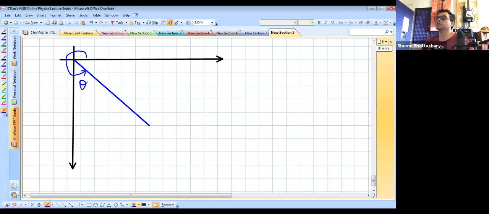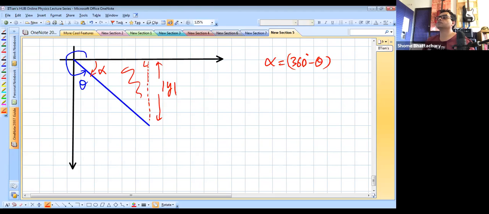But more importantly, we identified that this angle here was alpha, where alpha is 360 minus theta. When we drop this perpendicular, we get a right angle triangle where this side length is mod y.